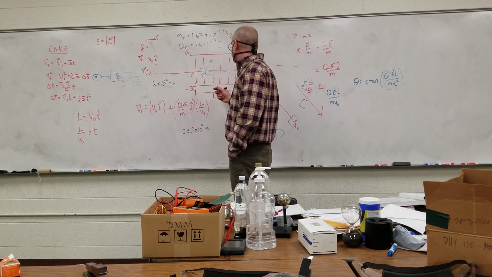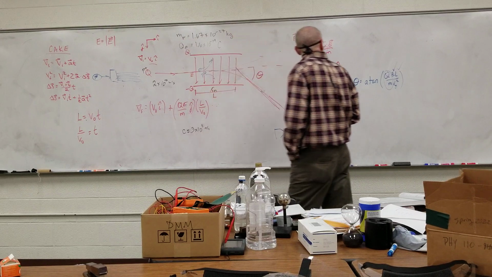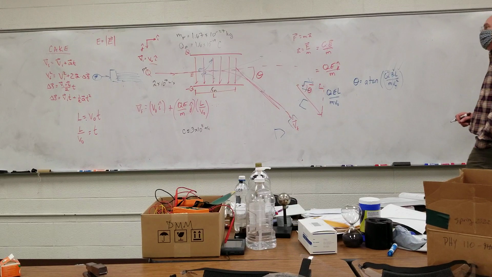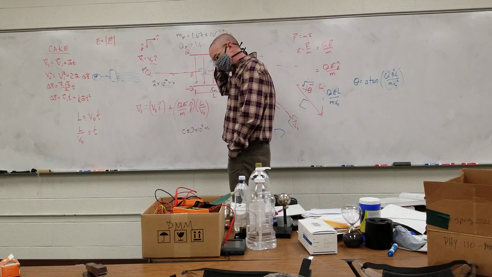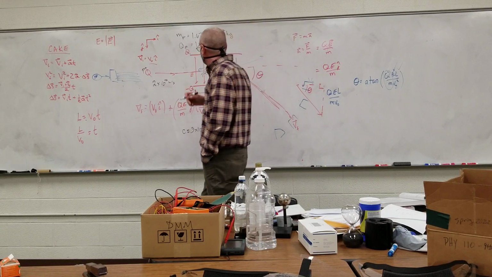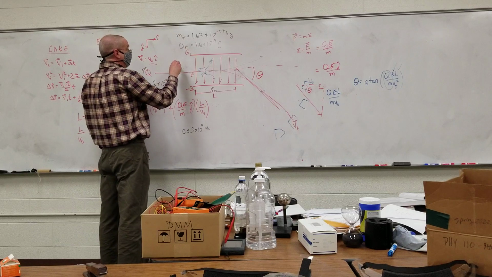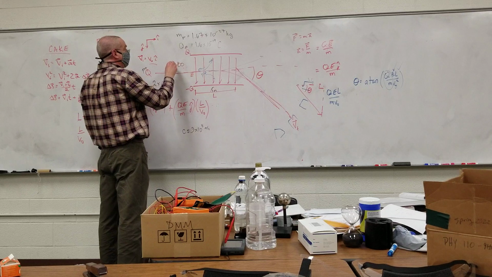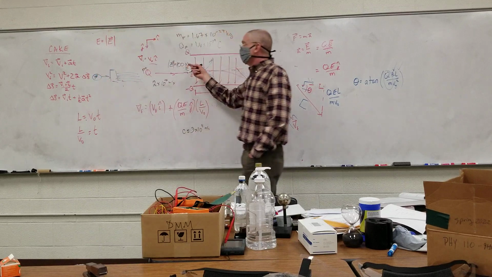Let's make the length of this 0.5 meter. And I need to know what the electric field is here. I'm trying to think of a realistic number. I'm not coming up with one off the top of my head, so I'll just make something up. Let's make the electric field strength 100 newtons per coulomb.